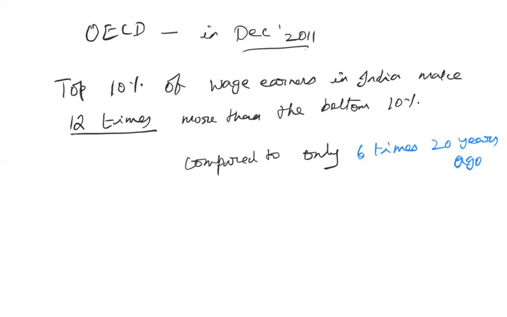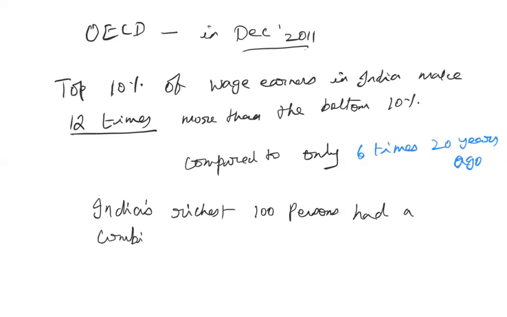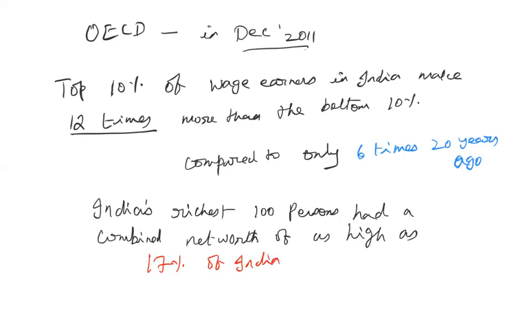It is also said that India's richest 100 persons had a combined net worth as high as 17% of India's GDP.